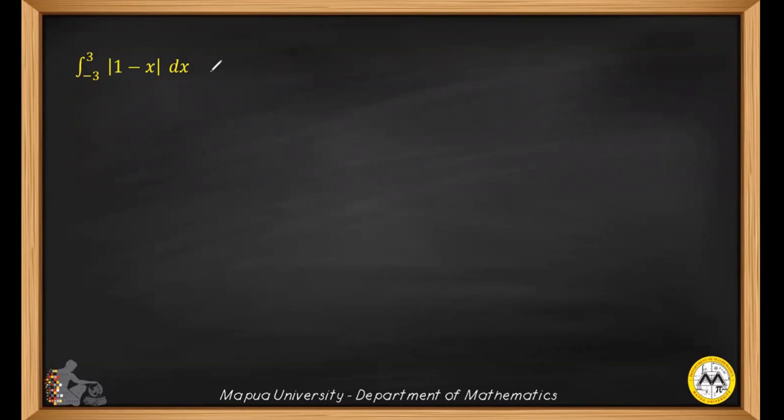Let us consider another integral involving absolute value. This time we will have f of x equals the absolute value of 1 minus x. Okay, but of course we have to define first the absolute value of 1 minus x. Okay, so here we have, let's use another color.